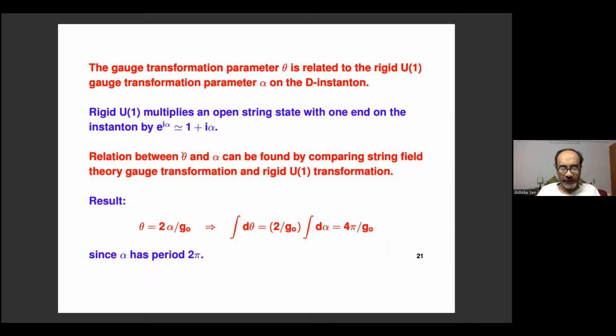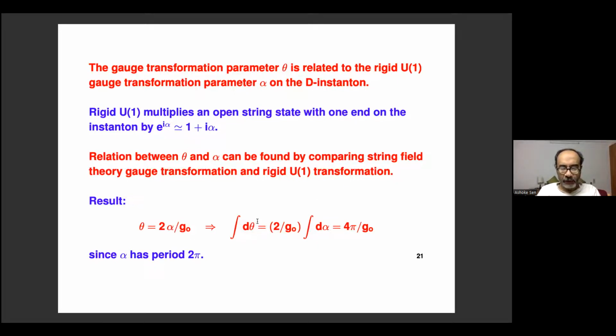So you can calculate what that transformation is, and then you just compare. This comparison gives the relation theta is 2 alpha over g open. Using this, you can calculate the theta integral as 2 over g open times the integral d alpha. You can see from this normalization that alpha has period 2 pi. So the integral over d alpha just gives you 2 pi, and you are left with 4 pi over g open.